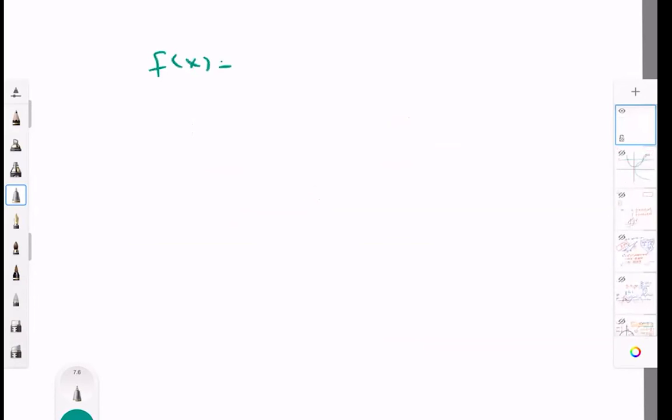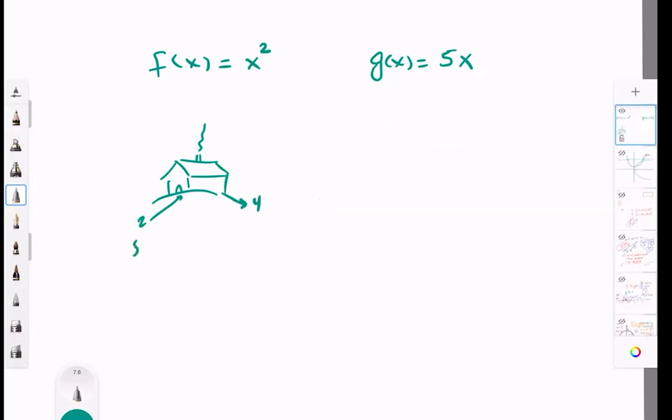f of x equal to x squared, g of x equal to 5x. So let's say this is the factory for f of x. If 2 goes inside, we get 4. If 5 goes inside, we get 25.